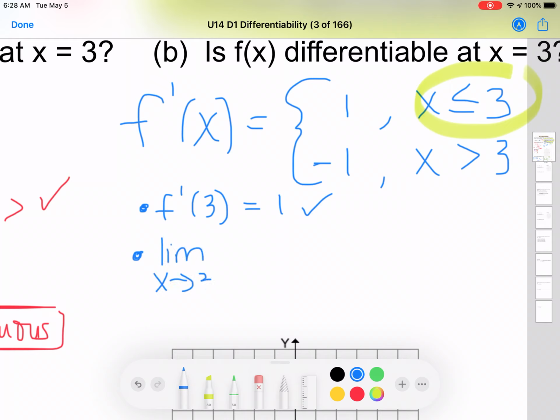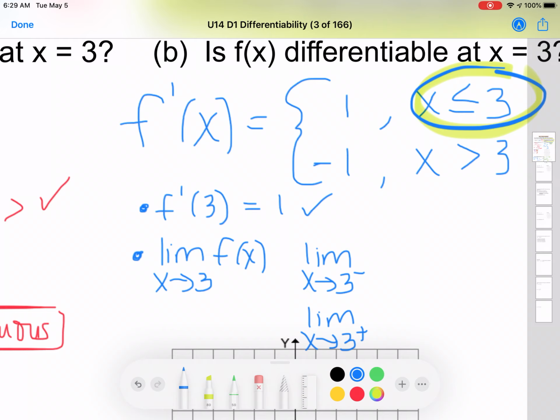We have to separate that because we have our piecewise function: the limit as x approaches 3 from the left, and the limit as x approaches 3 from the right. So let's go back up again. A little bit to the left of 3, I'll use that first piece of the domain, and I'll get 1.